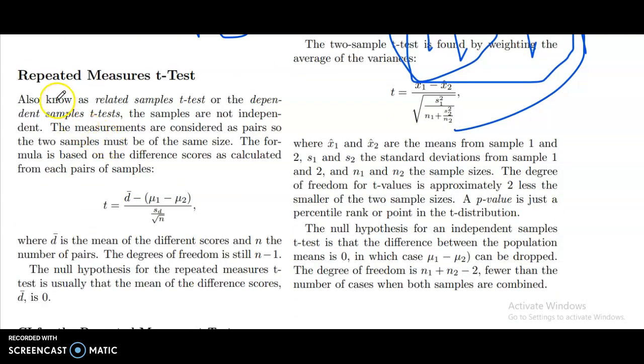Then the repeated measures t-test, also known as the related sample t-test or dependent samples t-test. The samples are not independent.